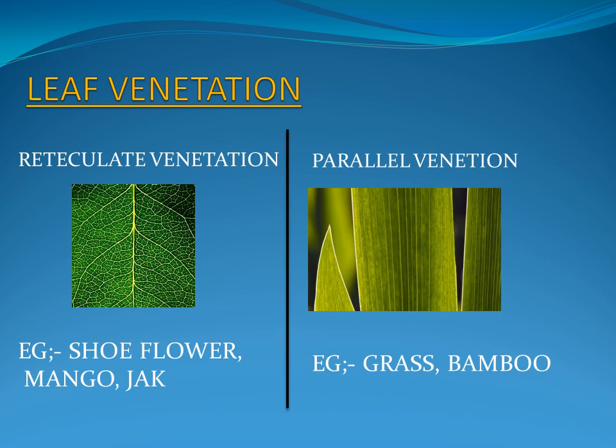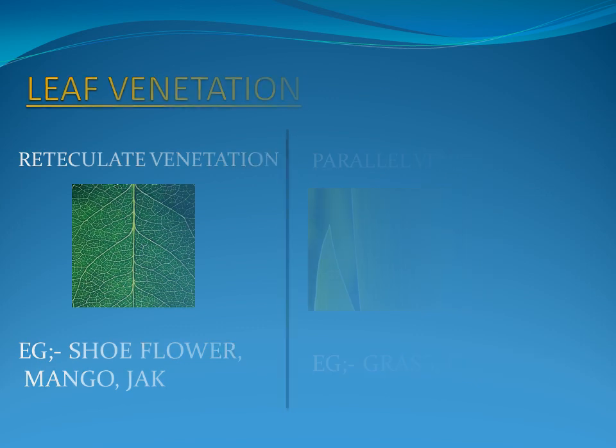In reticulate venation you can see lots of veins. Examples of reticulate venation are shoe flower, mango, and jack. Examples of parallel venation are grass and bamboo.